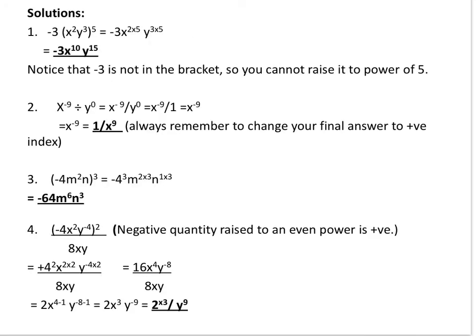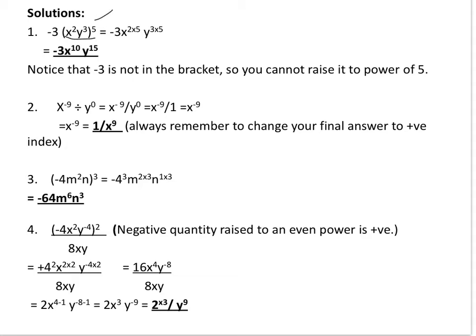Solutions. Number 1, minus 3 bracket x squared y cubed raised to power 5 is equal to minus 3x raised to power 2 times 5 y raised to power 3 times 5. We multiplied by 5 because everything in the bracket is raised to the power 5.